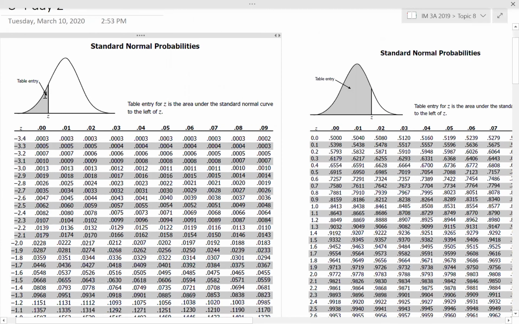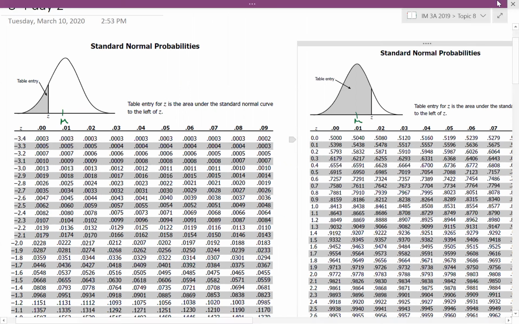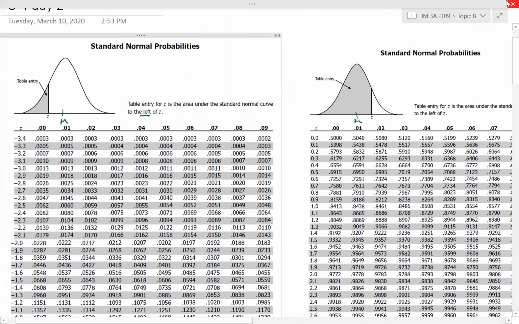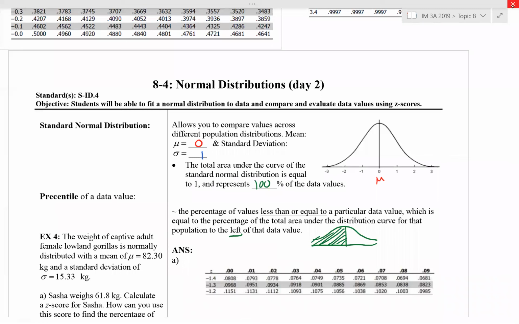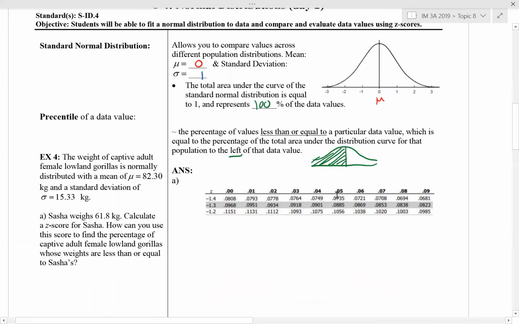And so notice that if I think about the mean being in the middle, these are ones to the left of the mean, so notice the z-scores here are negative, and the ones to the right of the mean, the z-score values are positive. So we're going to use these tables to find percentage values. If we were taking a test, you would get this for the test. We've placed them in the notes though, so you can kind of write on it and see where numbers are coming from instead of just having the table and forgetting how you used it.